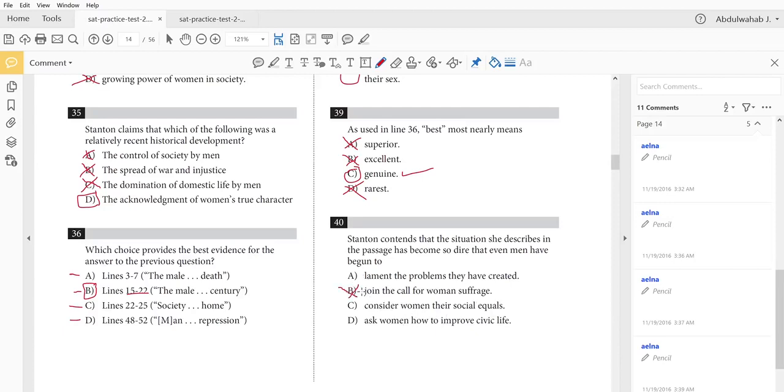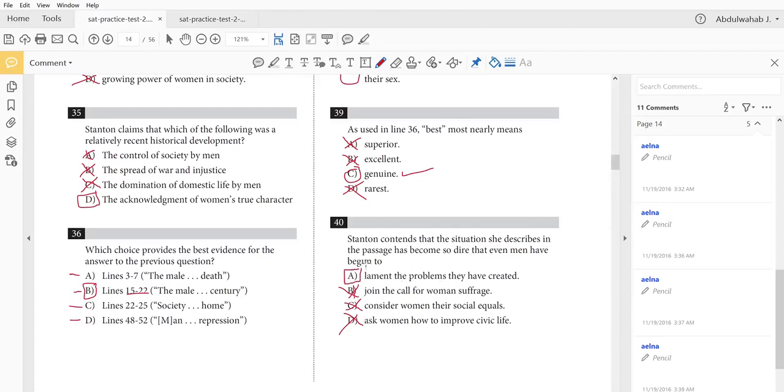Nothing was mentioned about men joining the call for women's suffrage. Maybe some men did, but the text didn't talk about that. Men have considered women their social equals. Again, Stanton doesn't mention this in the text. Ask women how to improve civic life. They didn't do this, of course. They lament the problems they have created.